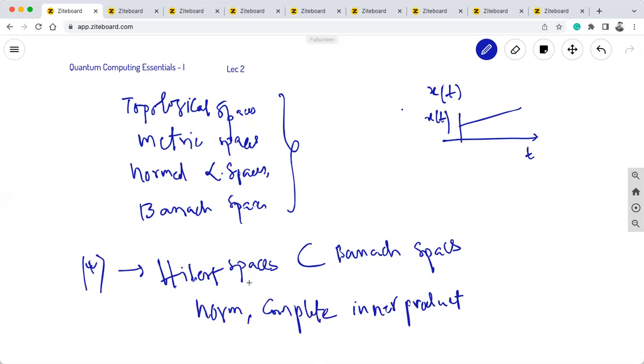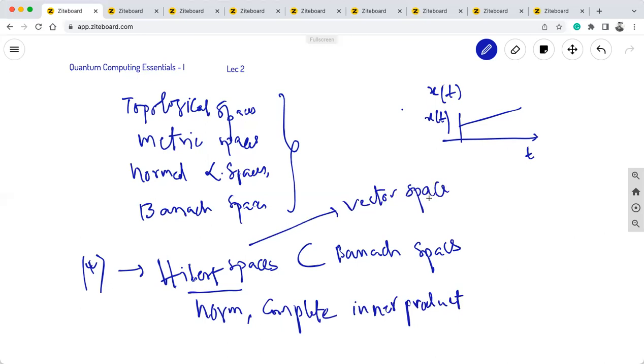So it must be a vector space, meaning it will obey certain operations, the dot product and scalar and addition operations. So we will see details about the vector space.